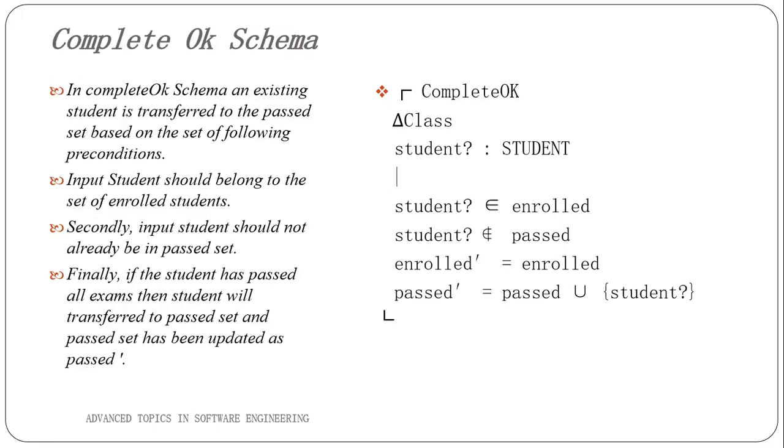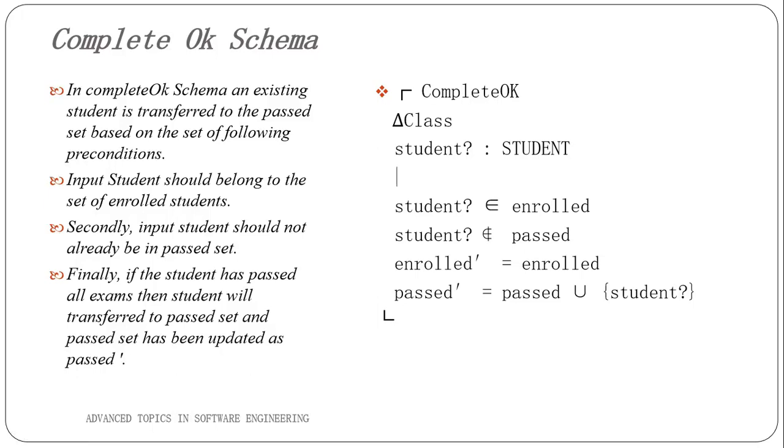Further, after all this, we will design a new schema, called the Complete OK schema. In the Complete OK schema, an existing student is transferred to the passed students based on the following preconditions. The very first precondition is that the student that I want to input should belong to the set of enrolled students. So student question mark should belong to the set of enrolled students. This is my first precondition.